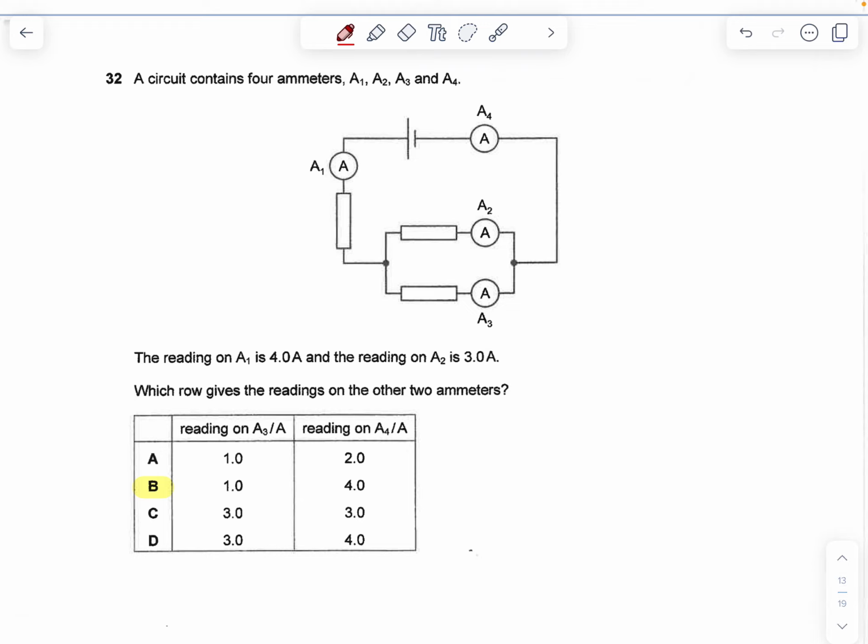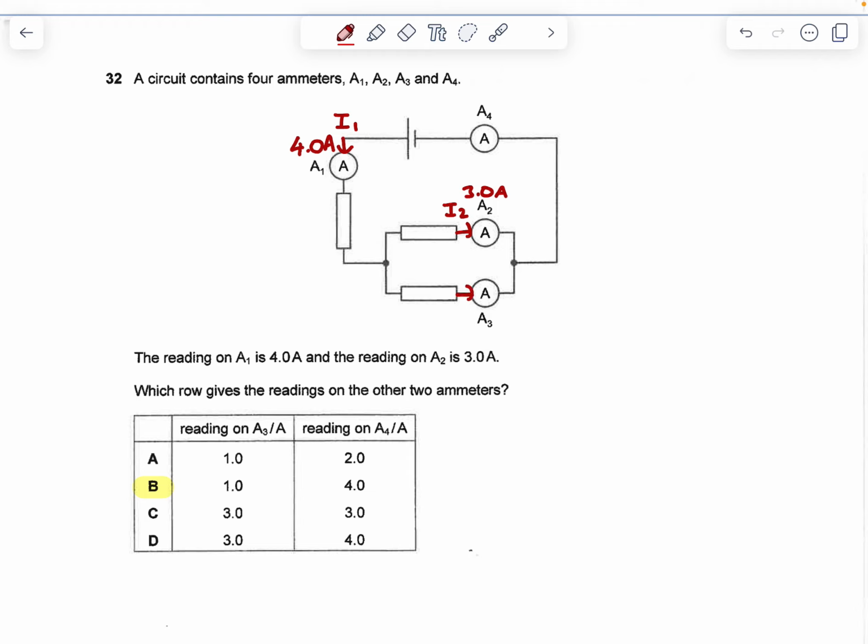Question 32. The circuit contains 4 ammeters, A1, A2, A3, and A4. The reading on A1 is 4.0 amperes. Here is current I1. The reading at A2, labeled as I2, is 3.0 amperes. So what are the readings on the other two ammeters?